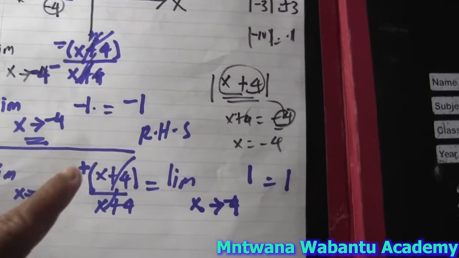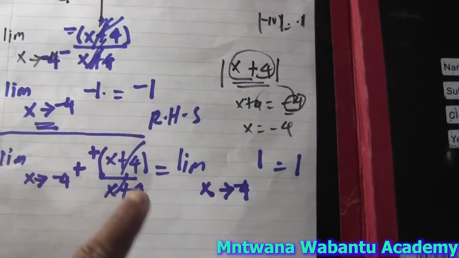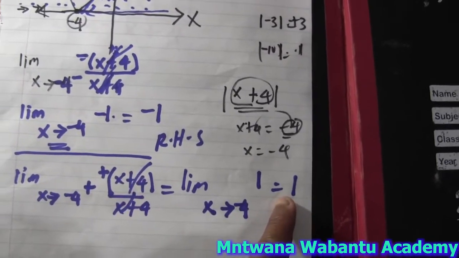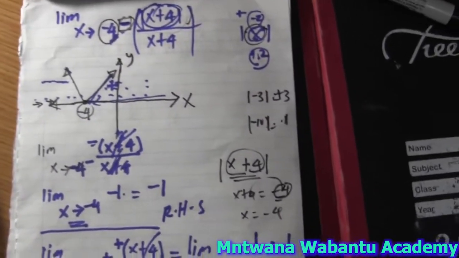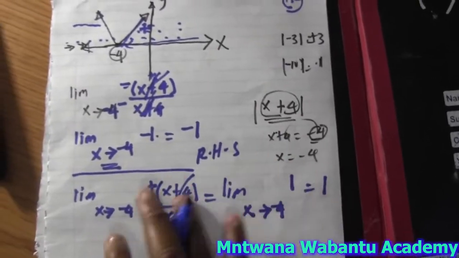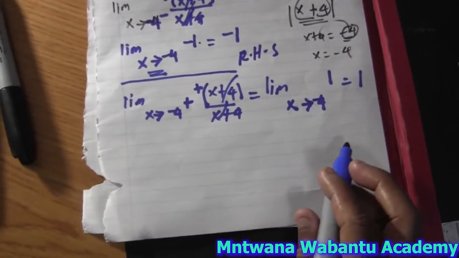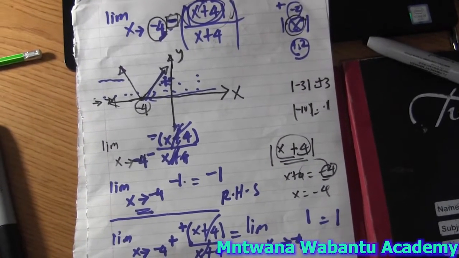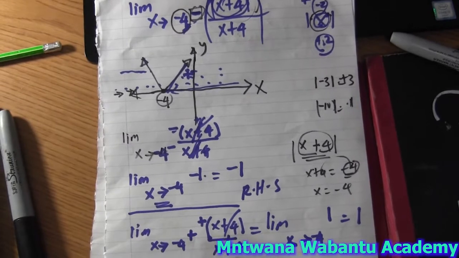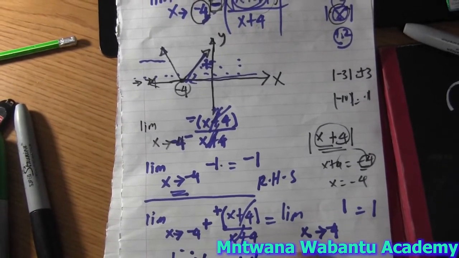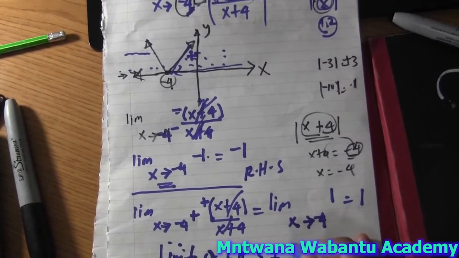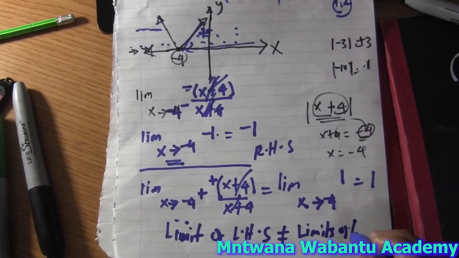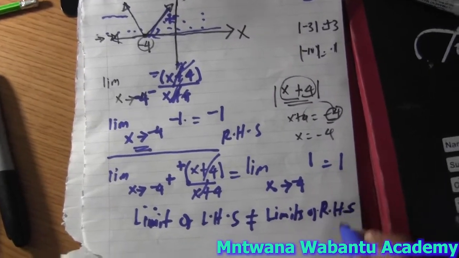If you look carefully, the limit on the left hand side is not the same as the limit on the right hand side. According to the rule of limits, for the limit to exist, the limit of the left hand side must be equal to the limit of the right hand side. So the limit of the left hand side is not equal to the limit of the right hand side.